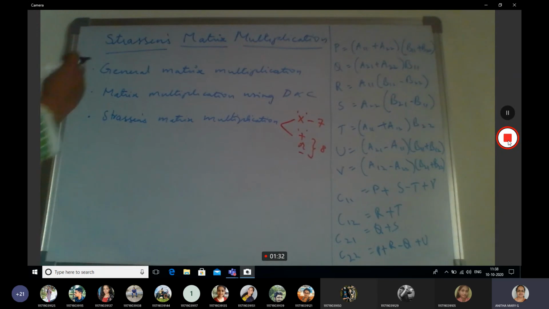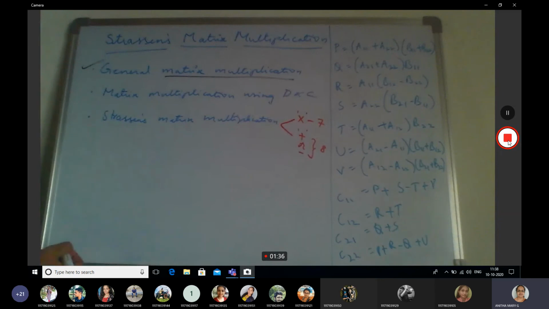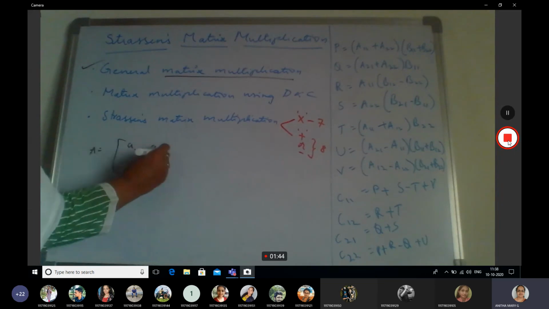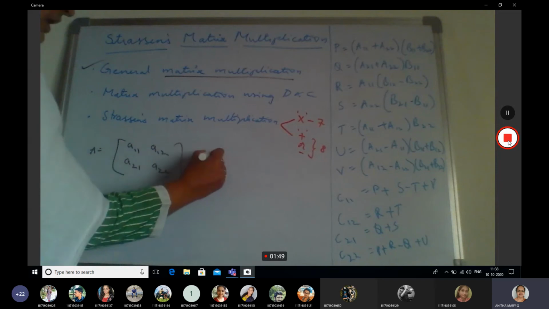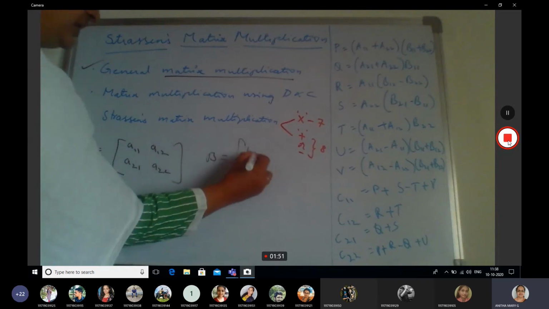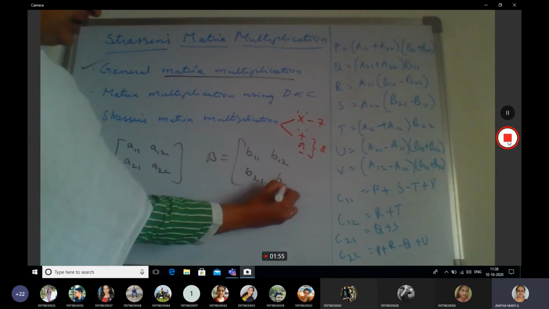So we are talking about matrix multiplication now. Okay, so in general matrix multiplication, suppose you have a matrix A with entries A11, A12, A21, A22, and B is equal to B11, B12, B21 and B22.